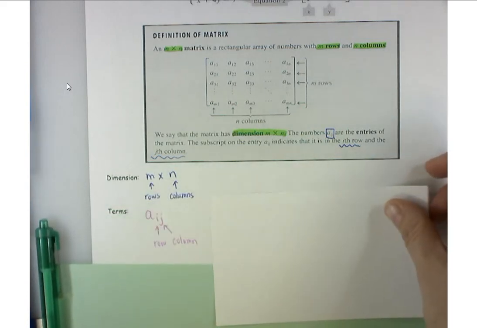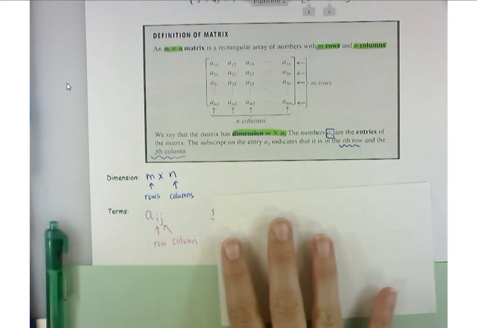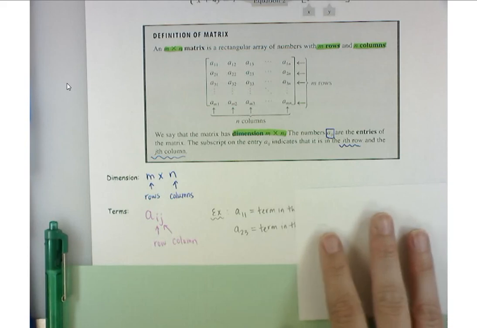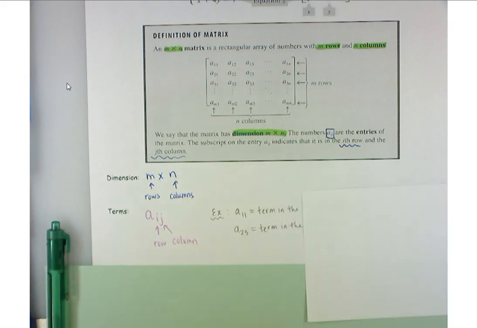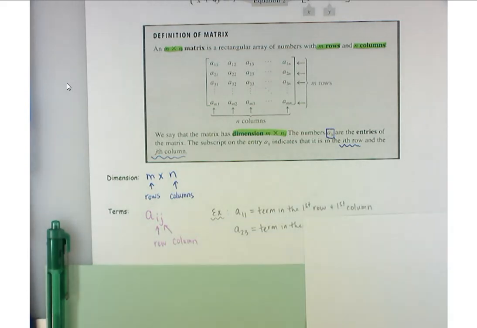And then your terms are ij, where i is the row and j is the column. Then we're just going to write out what these two terms mean. If you see A11, that's the term in the first row, first column. And then I want you to write what the second one is, which is A23.